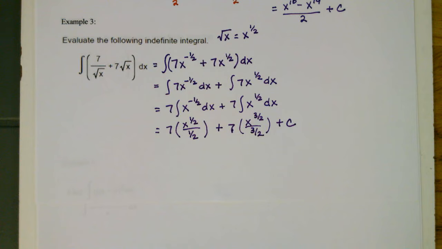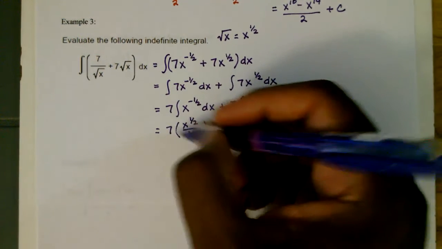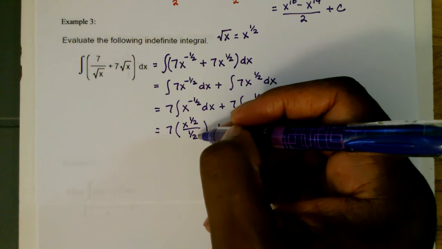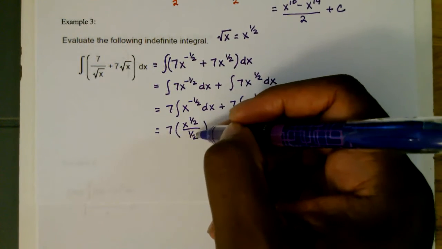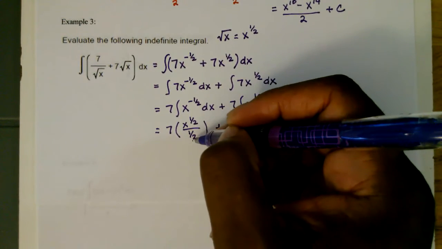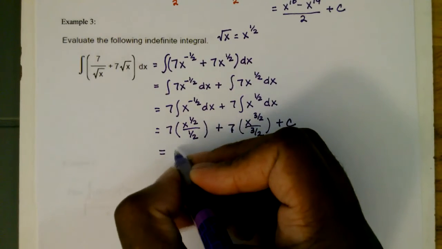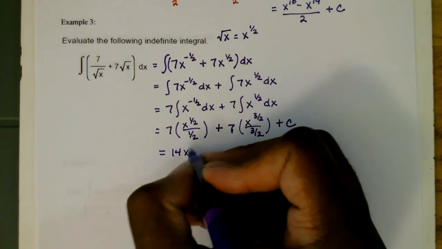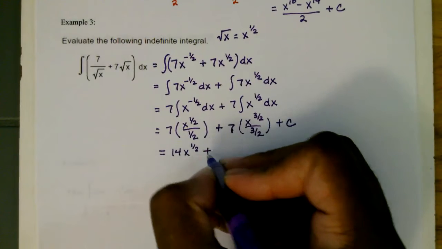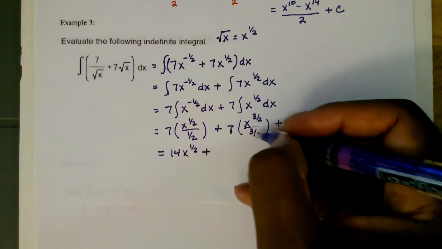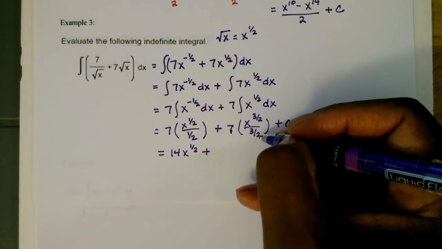All right, so simplify this a bit. This is 7 divided by 1/2, which is the same as 7 times 2, because the reciprocal of 1/2 is 2. 2 times the 7 will give me 14. So it'll be 14 x to the 1/2 plus the reciprocal of 3 over 2 will be 2/3.